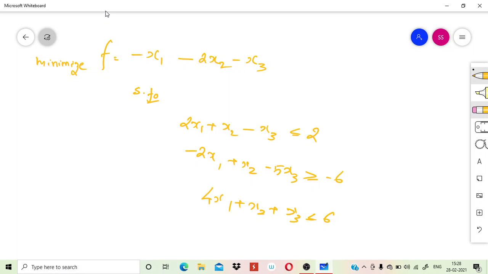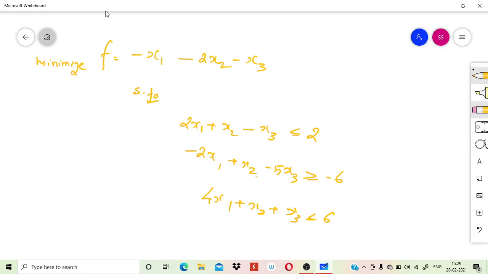That means this minus 6 we have multiplied with minus 1, right? So in two-phase simplex method, the first step you have to do is this also. That is conversion of the given problem into standard form, standard form of a LPP.